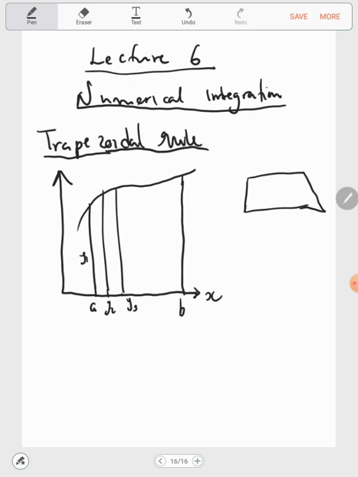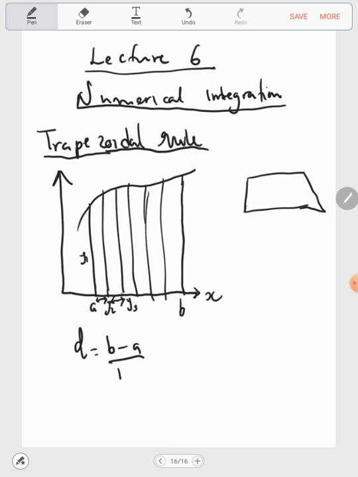What we're saying is that the distance between each of these lines, the spaces in between, are equal and defined by D. So D is just B minus A divided by the number of intervals.